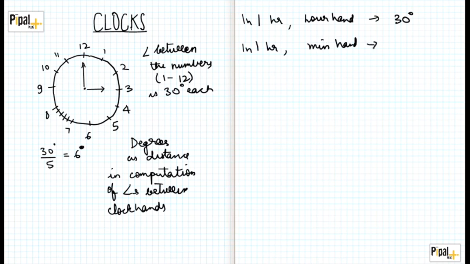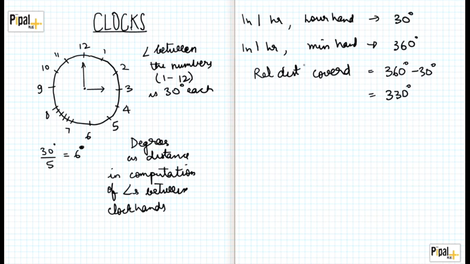So the minute hand is rotated by 360 degrees, right? So if I have to find the relative distance covered by the minute hand with respect to the hour hand in 1 hour, it is equal to 360 degrees minus 30 degrees, because both of these distances have been covered in the same direction, right? So basically the distance between them is 330 degrees covered in 1 hour.